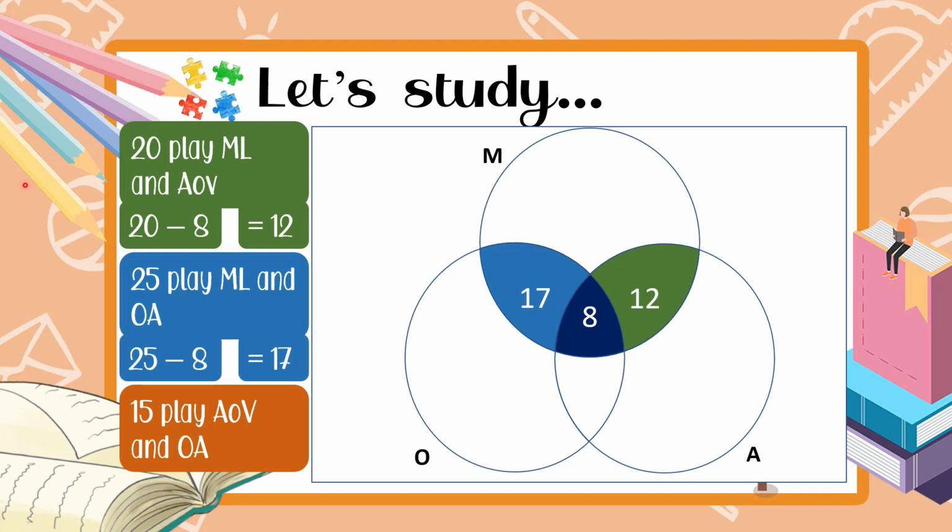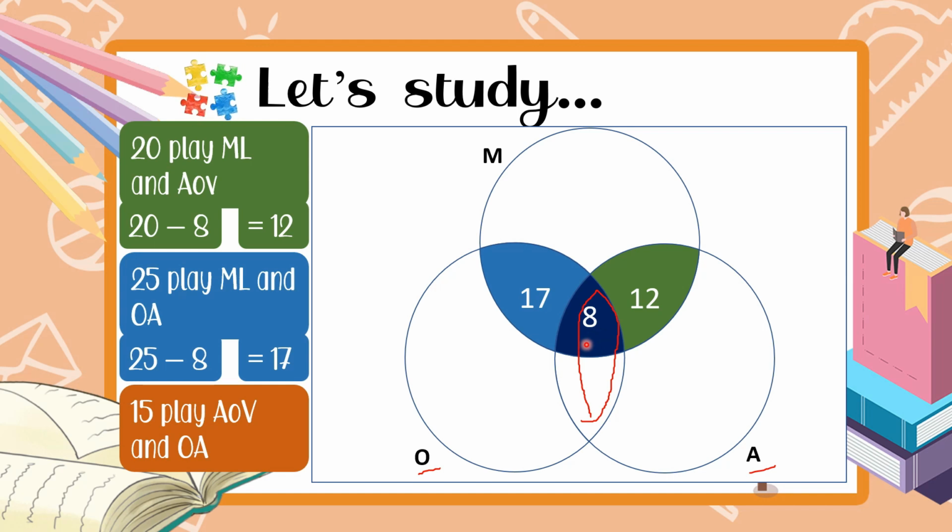Then, we have the last one for this slide. We have 15 who play AOV and OmniOG Arena. The intersection is here ng OA at ni OmniOG Arena and Arena of Valor. So, merong 15 daw dito sa part na ito. Pero, meron na tayong 8 dito.